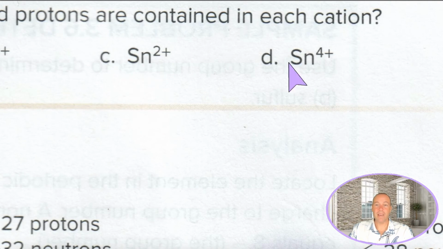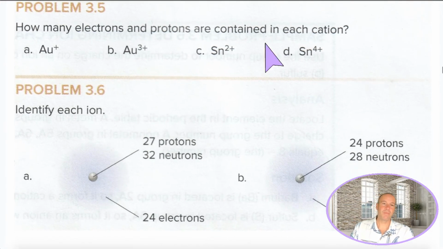But the tin ions have lost some electrons. This has lost 2 of them, so 50 protons and 48 electrons. And this one's lost 4 electrons, 50 protons and 46 electrons. So it's an interesting little problem.